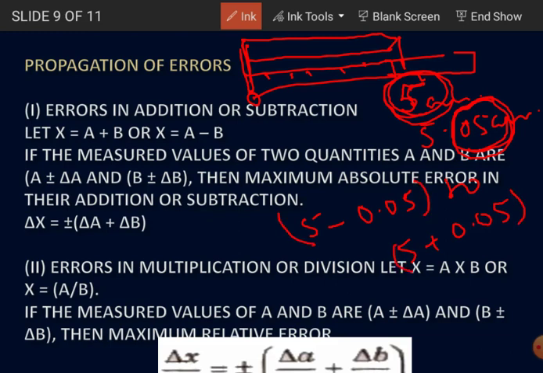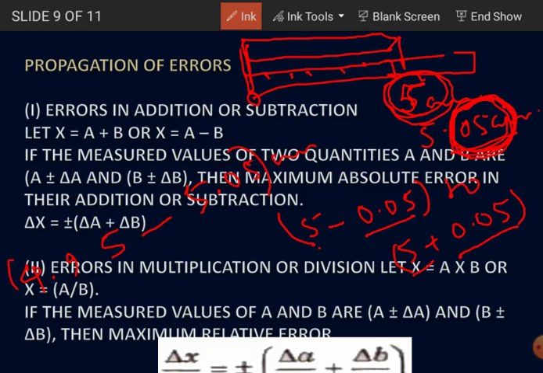So we write this as from the true value minus the error, to the true value plus the error. So your measured value of the pencil, whose error is found to be 0.05 centimeter, will surely lie between 4.95 to 5.05 centimeter.